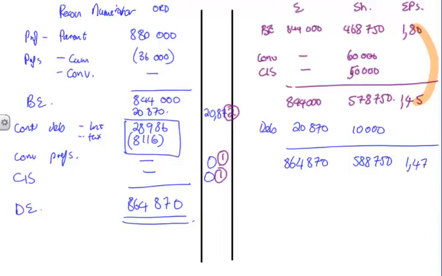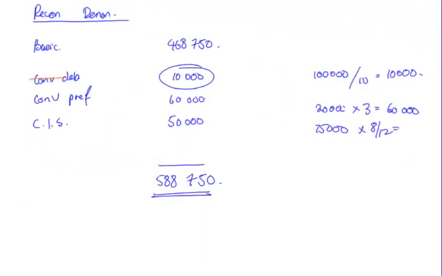Now you will see that movement from there to there is what we call anti-dilutive. It's getting bigger, which means that we should cross out the convertible debentures. They should not form part of your diluted earnings per share combination.